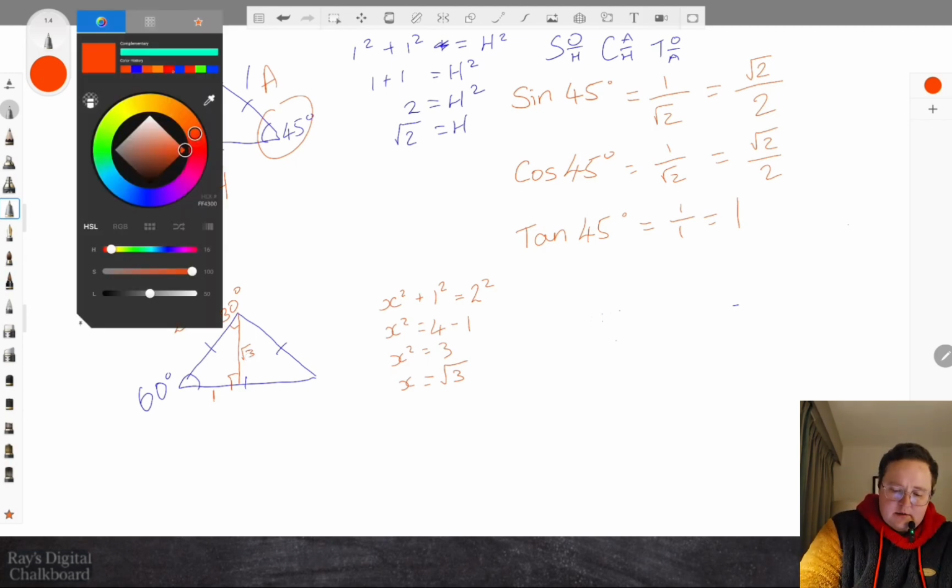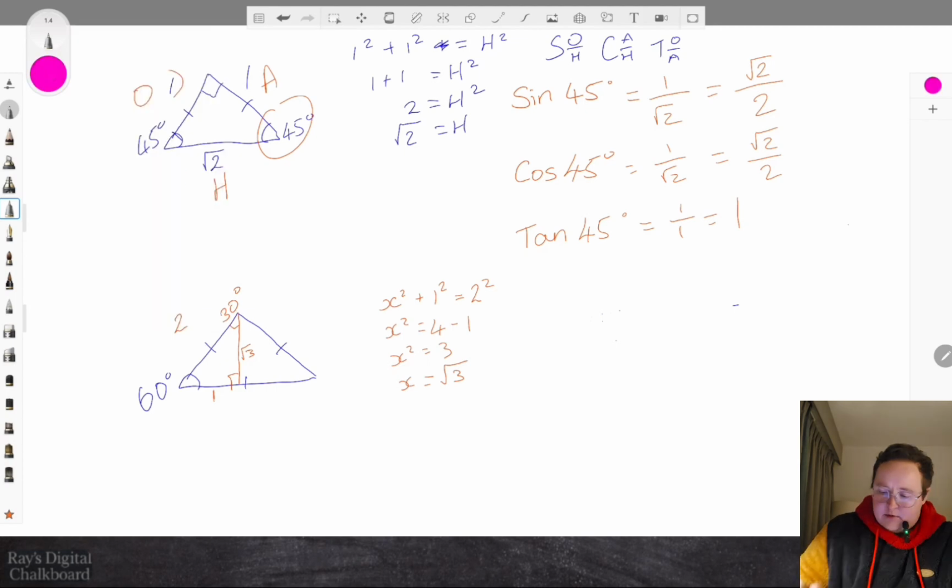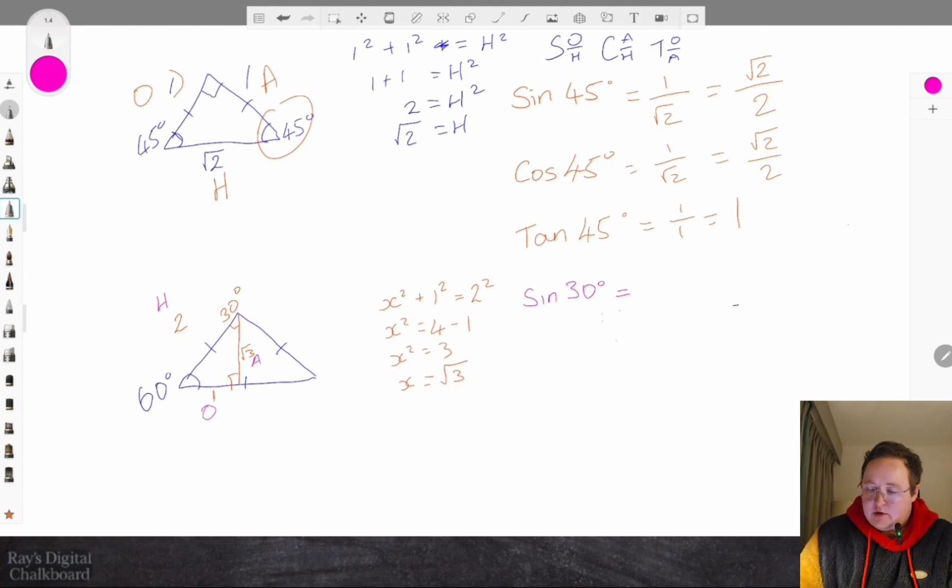So let's start with sine, and again we'll start with that 30 degrees. We need to label our sides: opposite the 30 degrees is our opposite, opposite the right angle is our hypotenuse, and this one here is our adjacent. For sine 30, we want the opposite, which is 1, over the hypotenuse, which is 2. So sine 30 is a half. We then want cos 30.